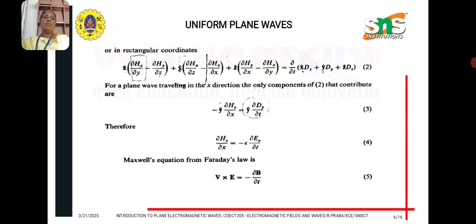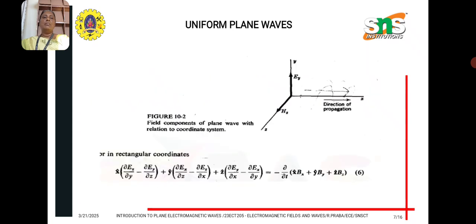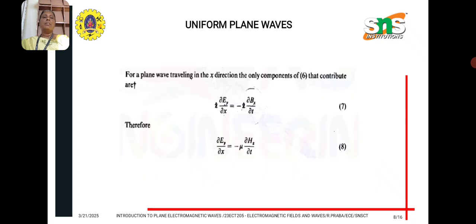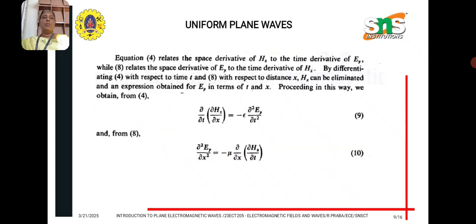Similarly, Maxwell's equation derived from Faraday's law is del cross E equal to minus ∂B/∂t. Expanding this from the matrix determinant, we get ∂Ey/∂x equal to minus mu ∂Hz/∂t. So the previous equation gives Hz as the time derivative of Ey, and equation 8 relates the space derivative of Ey to the time derivative of Hz.